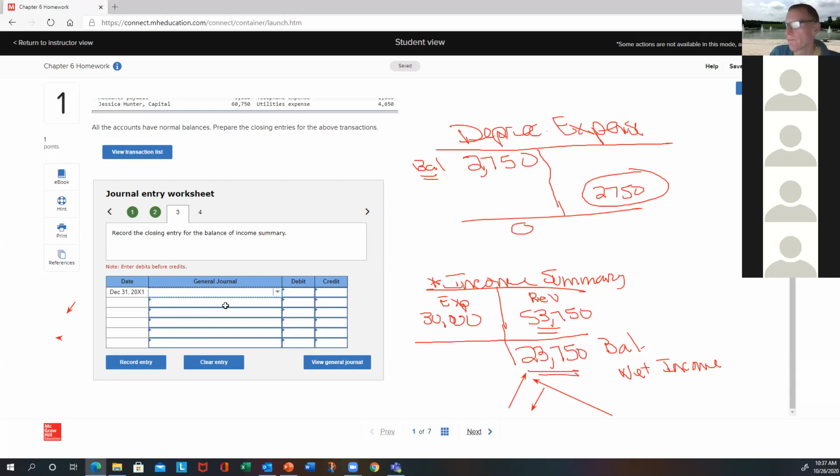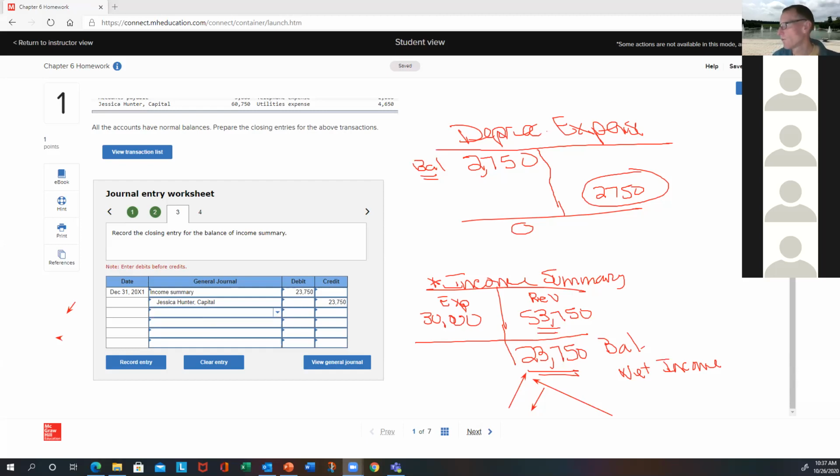So I go to the journal, find the income summary, and then find the capital account in the second row. I'm going to enter a 23,750 debit and a 23,750 credit into capital.